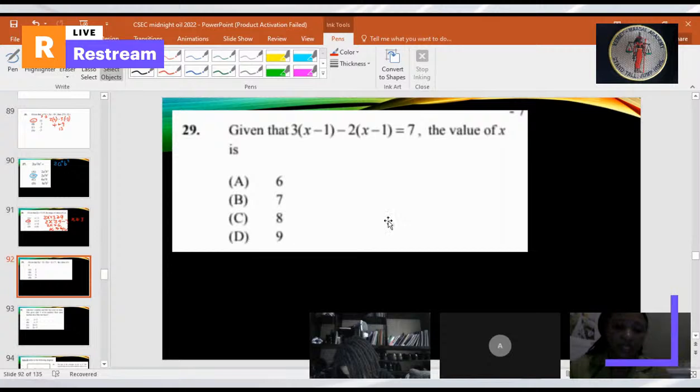Number 29. Given that 3 times x minus 1 minus 2 times x minus 1 equals 7, the value of x is.